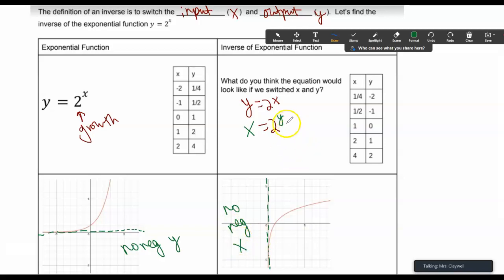However, it's weird for us to see things this way, so this is where the ideas of logs are helpful, and we'll talk about this at the bottom of this page. But we write this as log base 2 of x, because we're used to having y by itself. So it is weird to get y by itself, so we have to use this idea of a log. We have logs to help us find the inverses.